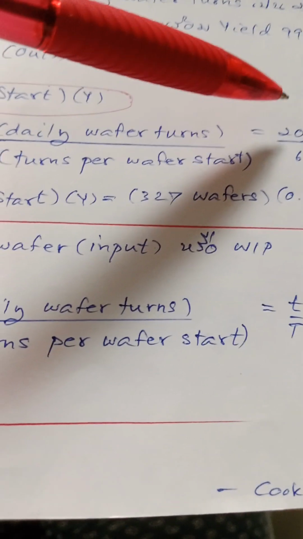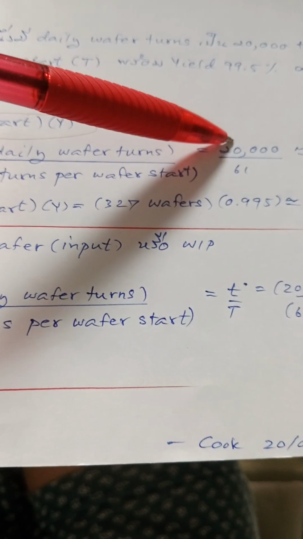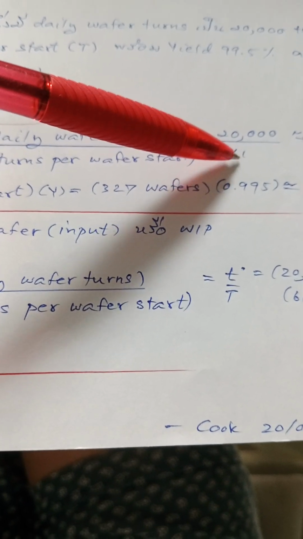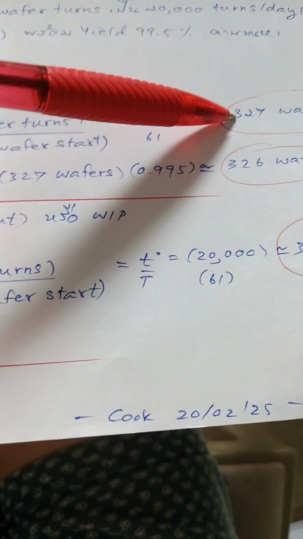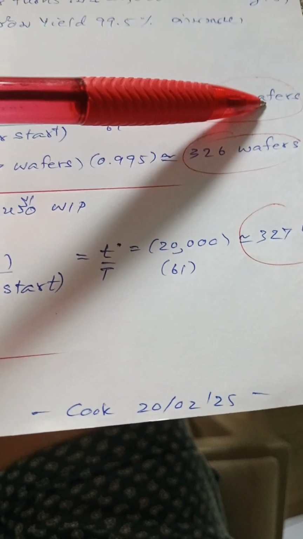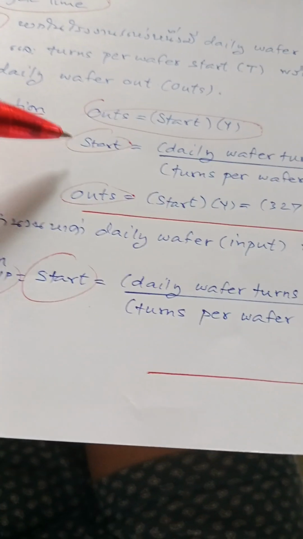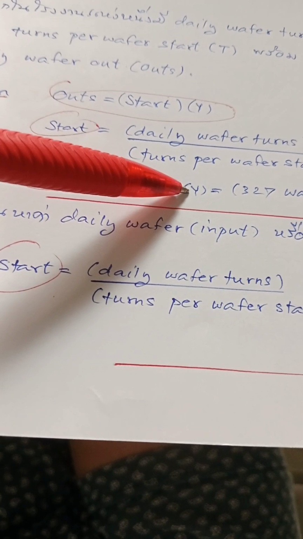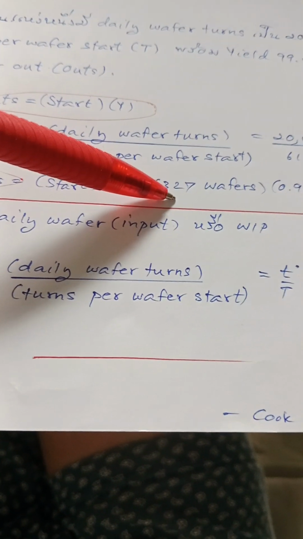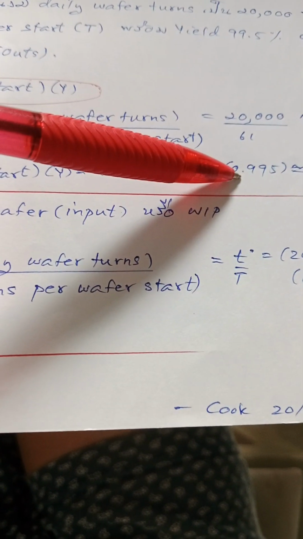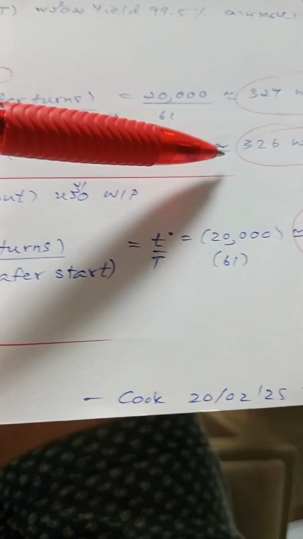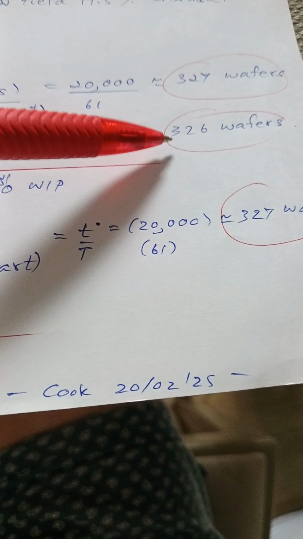Daily wafer turns is 20K, and turns per wafer start is 61. So that gives you about 327 wafers. That becomes your start, and your out is simply start multiplied by yield. That's 327, and your yield is 99.5%, or 0.995. That gives you about 326 wafers.